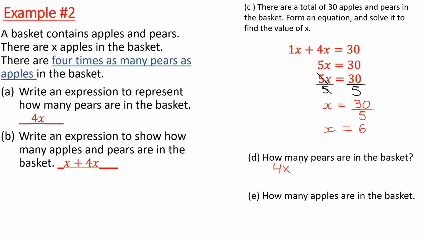It says 4 times as many pears as apples. So 4 times 6 is what? 24. Very good. 4 times 6 is 24.